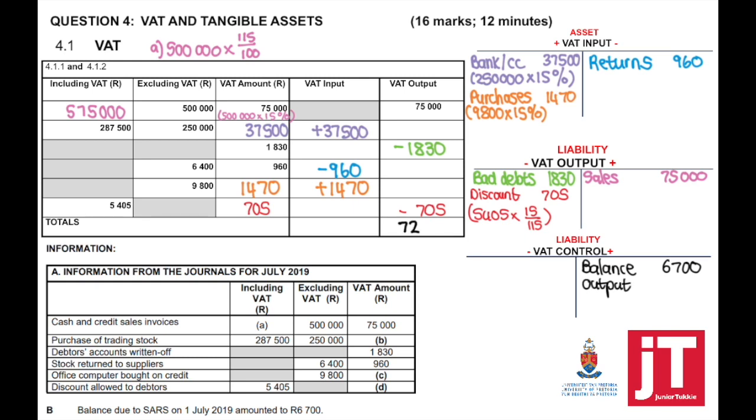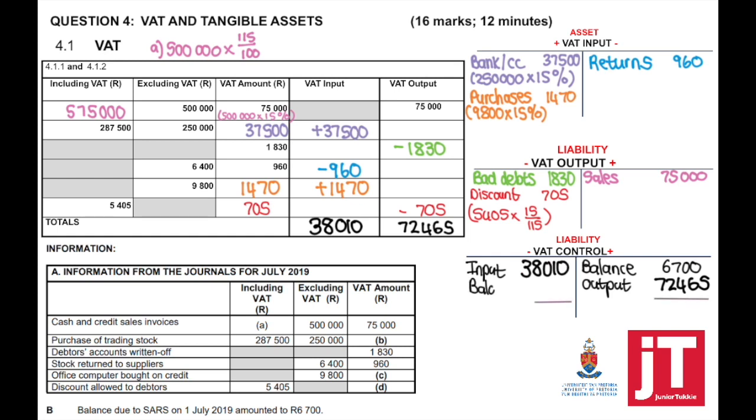Our total output VAT was 72,465. Remember that output VAT is closed off to the VAT control account. Our input VAT was equal to 38,010. Input VAT is closed off to the VAT control account.